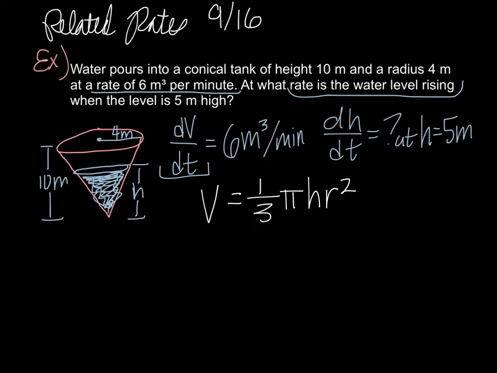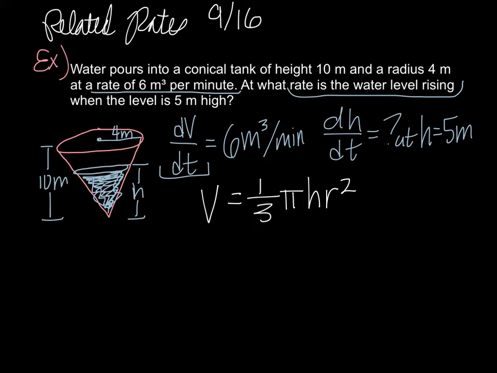This problem is different than any of the ones that we've done so far because the formula that I'm actually starting with has 3 variables. It has volume, it has height, it has radius. I don't really know anything about the rate of the radius changing.